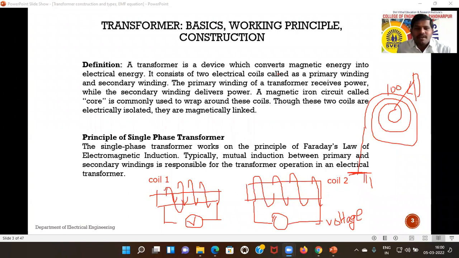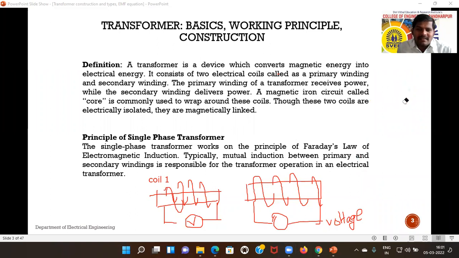In case of two coils, these two coils are magnetically coupled to each other, but not electrically connected to each other. See, I drew the coils: one coil is here, this one is the first coil, and this one is the second coil. Are these two coils electrically connected?